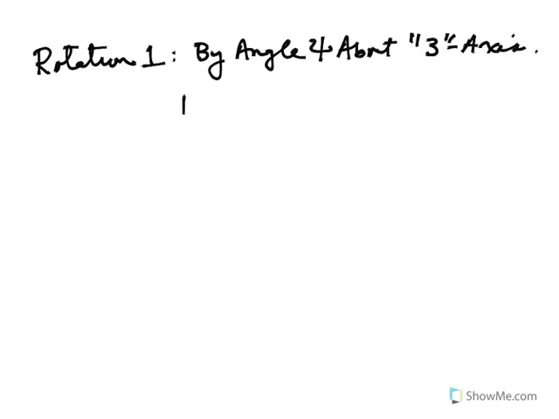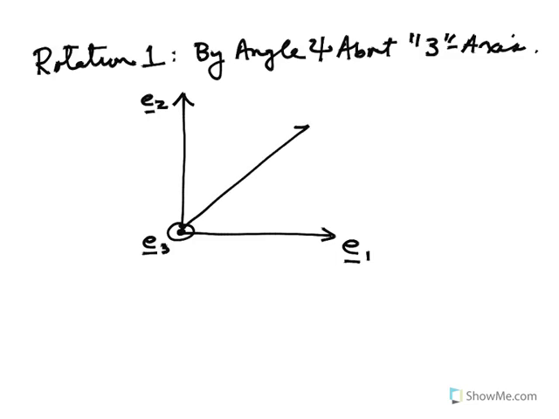I'm starting with a basis defined by E1, E2, and E3, since I'm doing a rotation about E3. And then I'm going to end up with a basis that I'm calling N1, N2, N3. N1, N2, but since I'm doing the rotation about the 3 direction, N3 is equal to E3. The angle that defines this rotation is the angle psi.